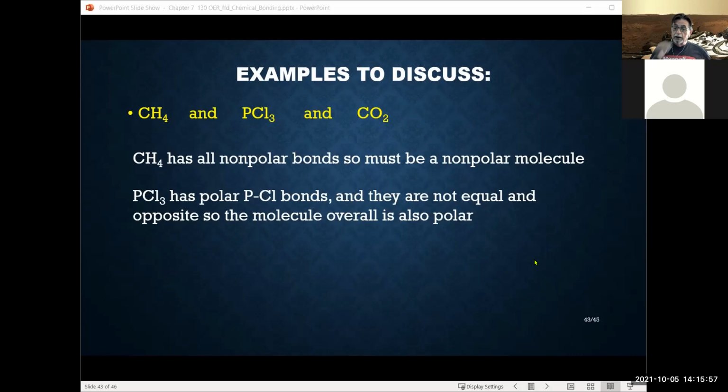Now PCl3. There are three polar bonds, phosphorus and chlorine, and you might think maybe it is trigonal planar, where everything's in the same plane and things cancel out. But it's not.